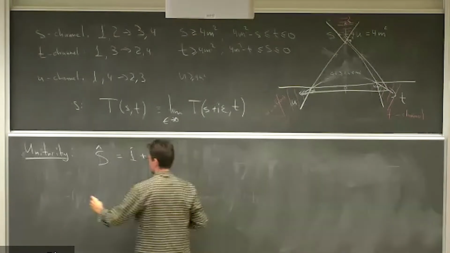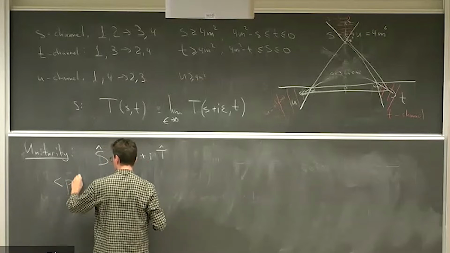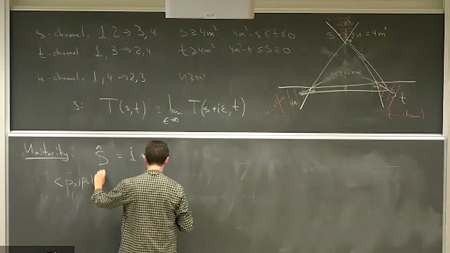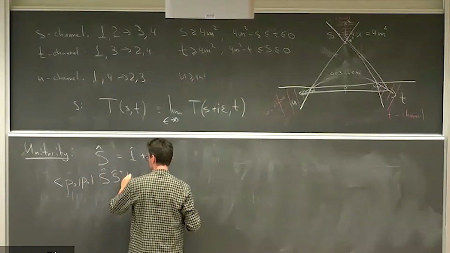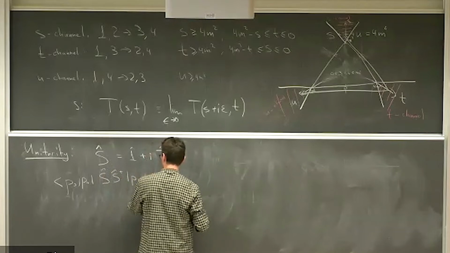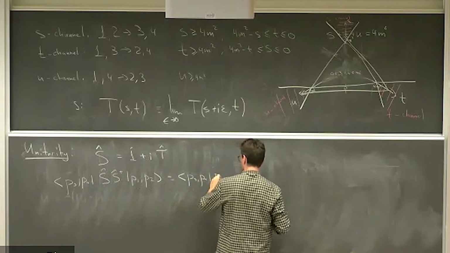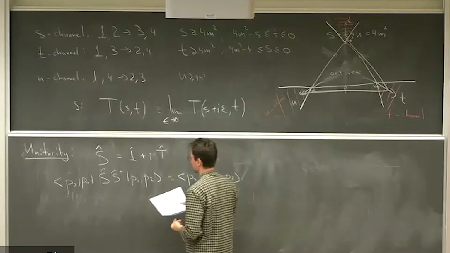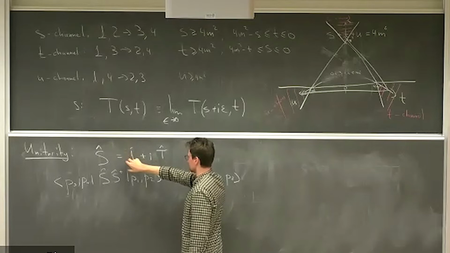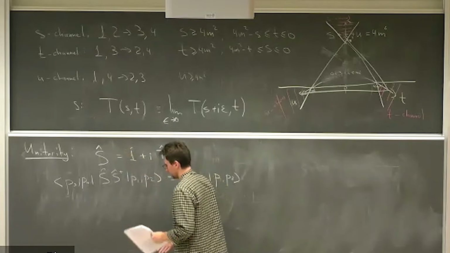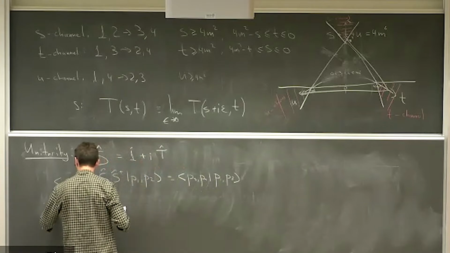And now we can consider the unitarity relation. If you plug in this structure of 1 describing the disconnected part, the 1 to 1 transition, and t the connected part, we get this relation that has already appeared yesterday.